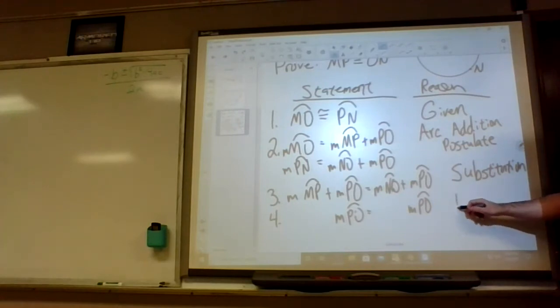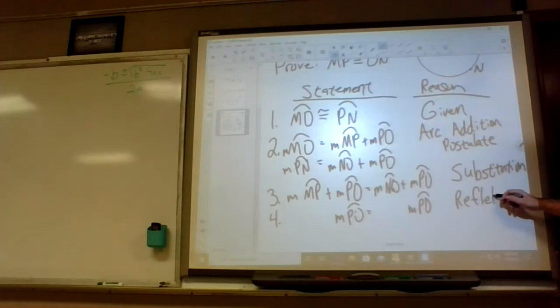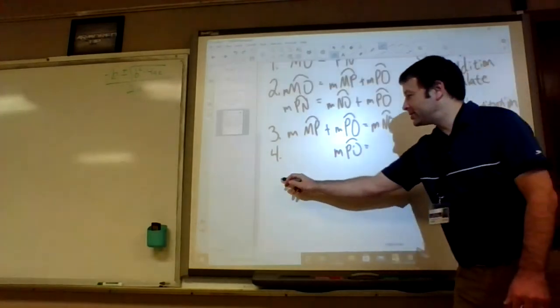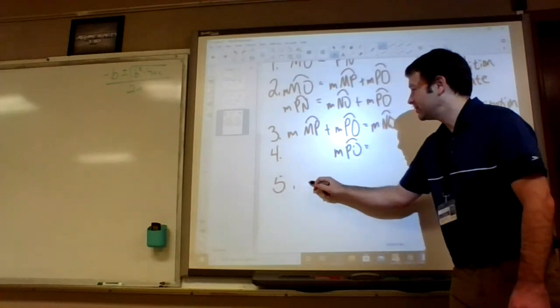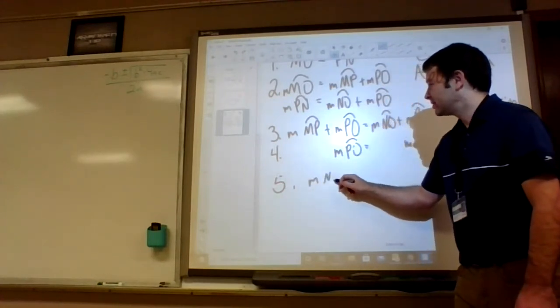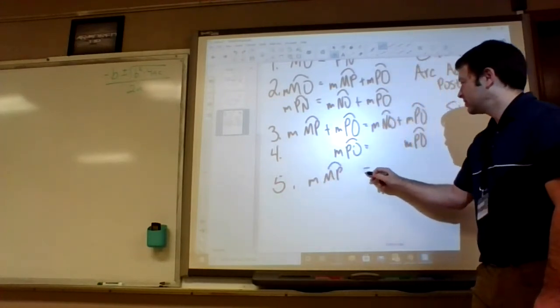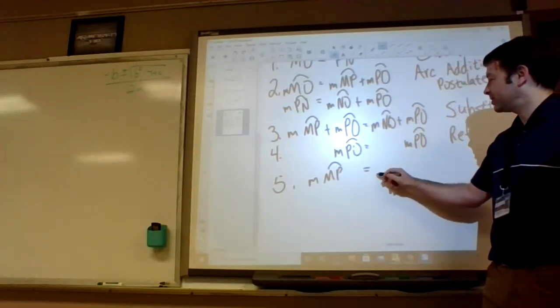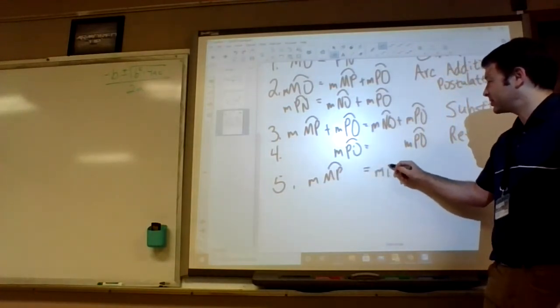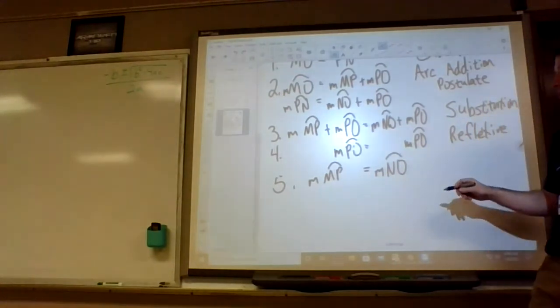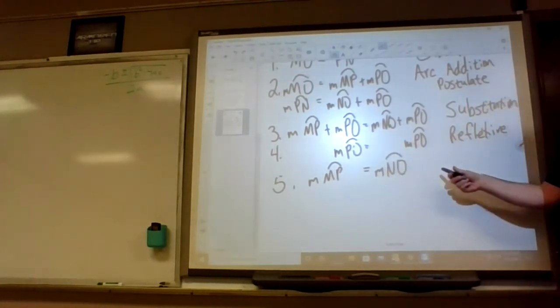They call that the reflexive property. See how I lined it up nice and neat? And then they subtract it from both sides. They don't show it exactly, but that's what they do to get your answer.